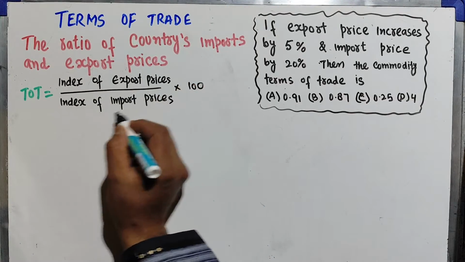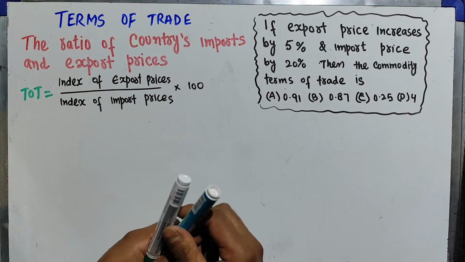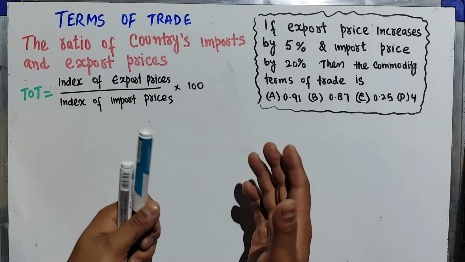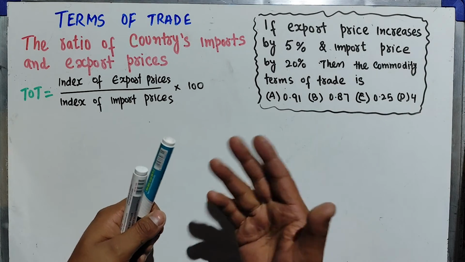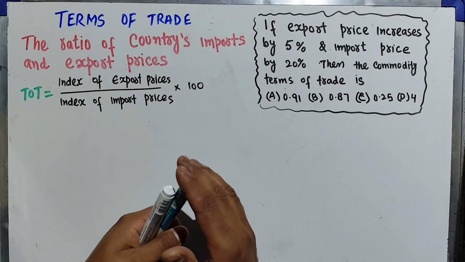This is the formula for calculating the terms of trade, which we call the net barter terms of trade or commodity terms of trade.